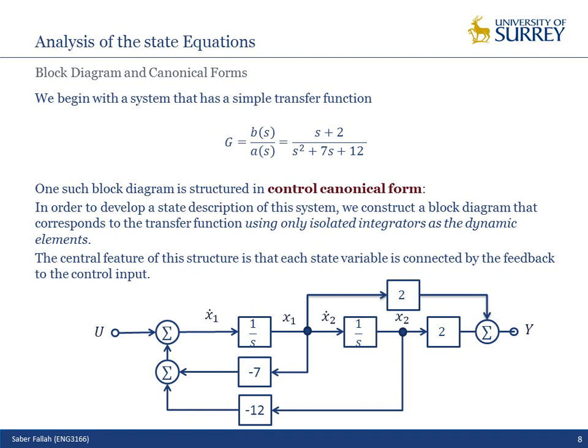And x2 is 1 over s times x dot 2, which should be equal to 1 over s times x1.